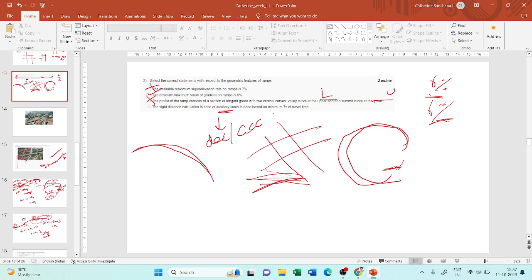At any point on a highway, the distance visible to you ahead of you should be a minimum sight distance. So they say that on these auxiliary lanes, the sight distance should be based on a minimum of 7 seconds of travel time. Okay, so this is correct. I just told you the point straight away.